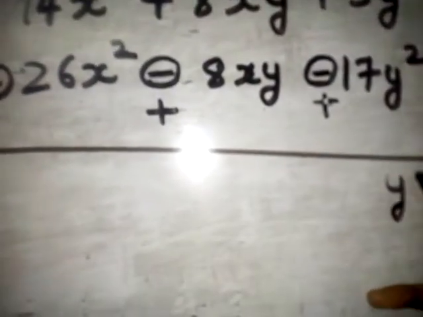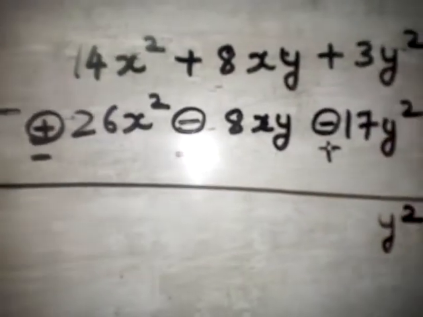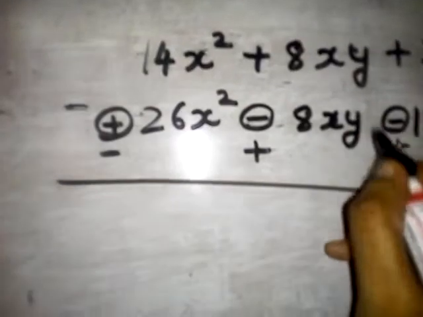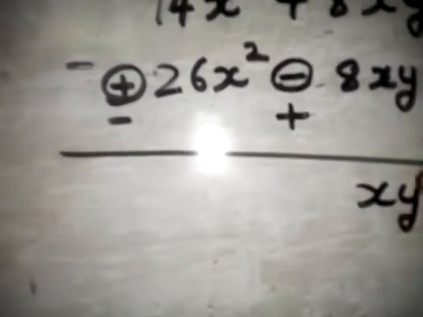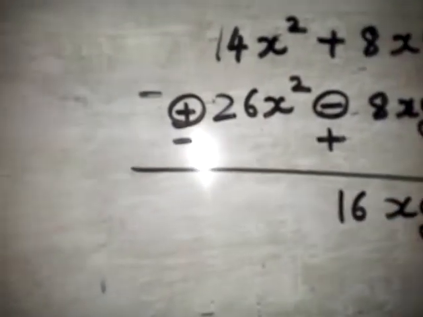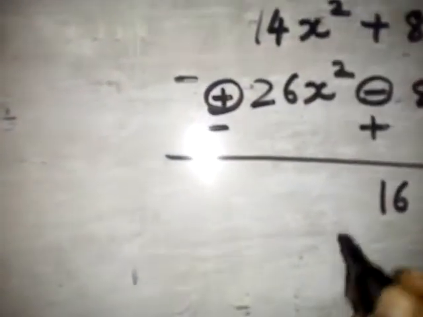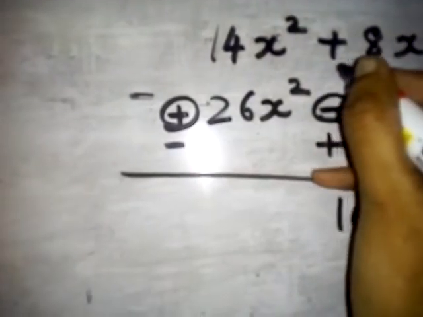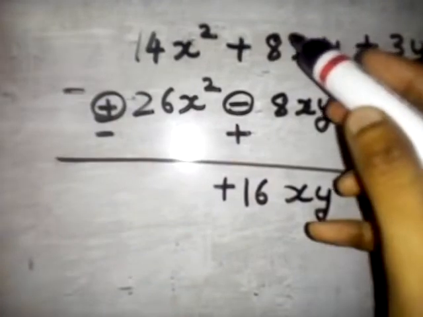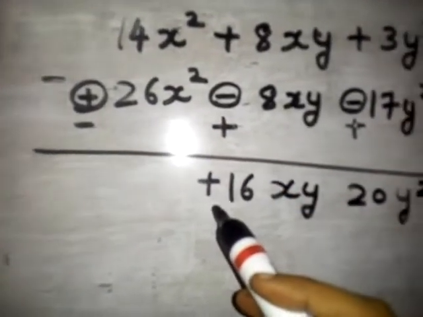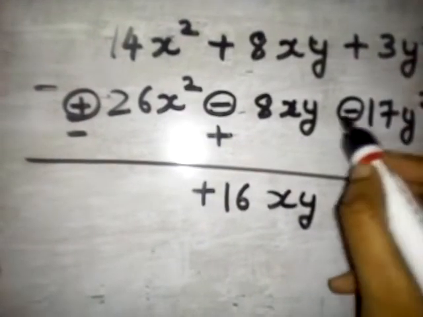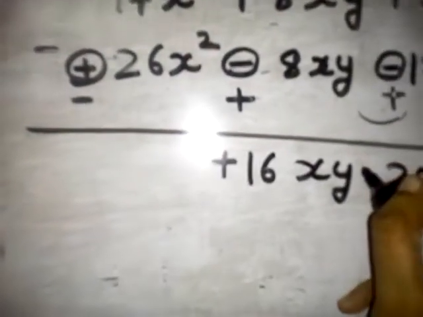y square, write as it is. 17 plus 3, 20. Same variable, write as it is. 8 plus 8, 16. Again same variable, write as it is. Here which sign is there, that sign you have to put, whether it is greater or smaller. Even if there is an equal number, that only sign you have to put. Here also, greater number, which sign is there, this sign you have to look at, plus.